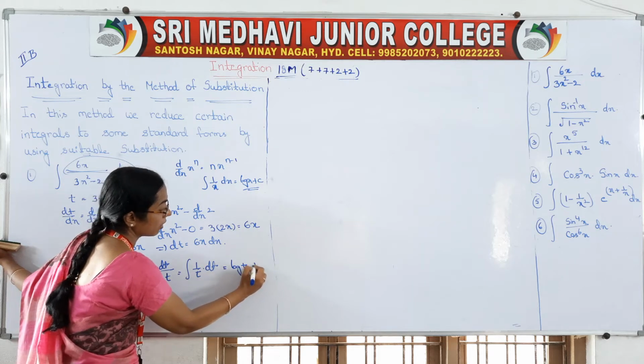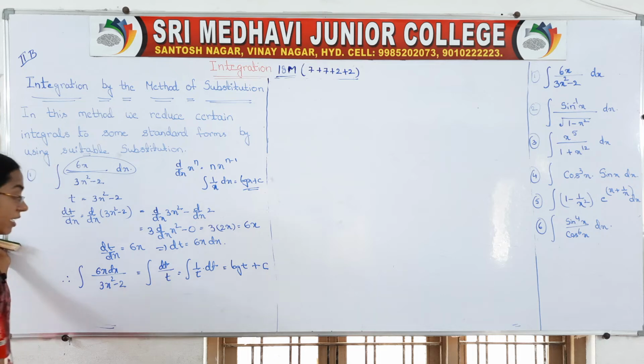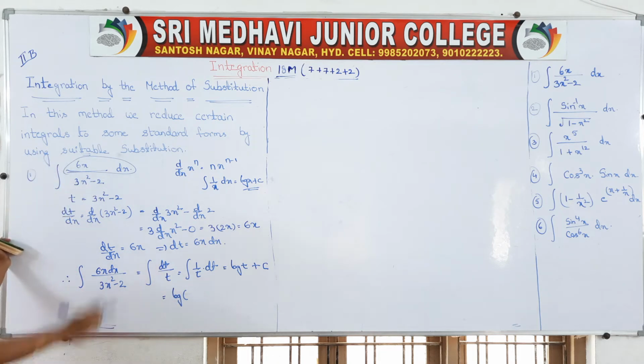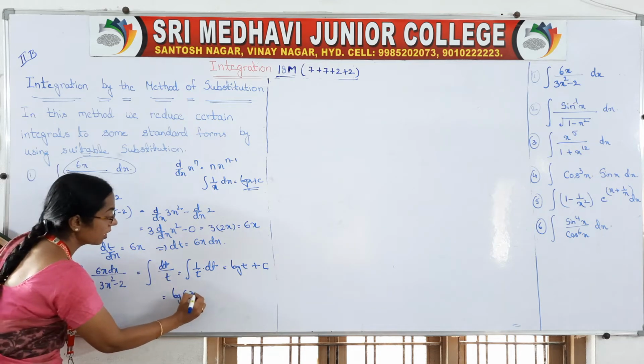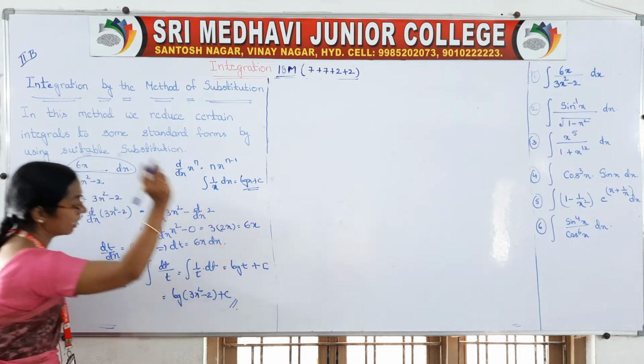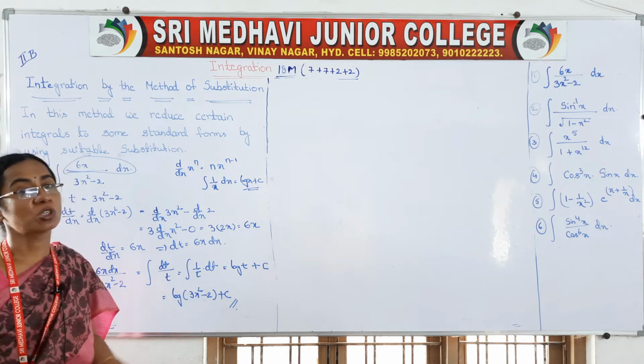So log t, once integration is over, we have to write plus c, which is log of 3x square minus 2 plus c, since we took t as 3x square minus 2. That is the answer. Okay, so this is called the substitution method.